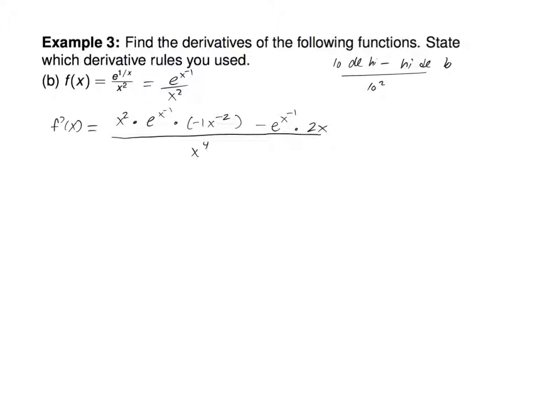X to the fourth. Something cancels on the first term. What cancels? X squared and the negative x to the negative 2. The x to the negative 2 really is 1 over x squared, right? Which cancels the other x squared. So this is negative e to the 1 over x minus 2x e to the 1 over x, all over x to the fourth.